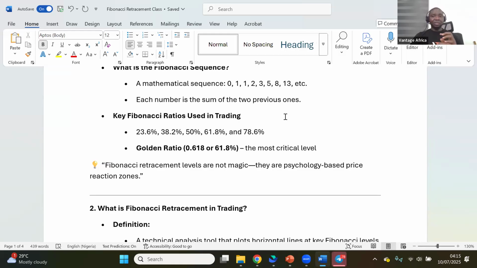They are psychology-based price reaction regions. Now, one thing to understand, guys, about the market is that the market works by the sentiment of traders. There's actually a report called the Commitment of Traders, COT, right? It is a report that comes in every week.